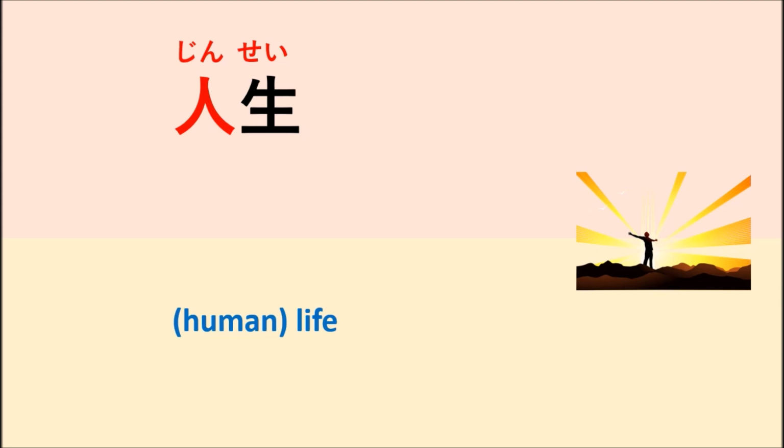So you put the people and the life together, which means the life of the people. They call it human life, and in Japanese they say jinsei. Jinsei means all of your life, everything that happened in your life.